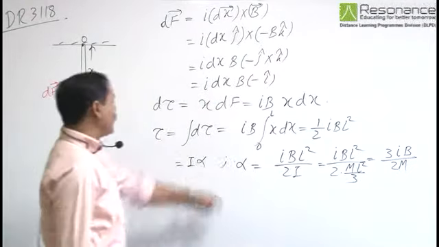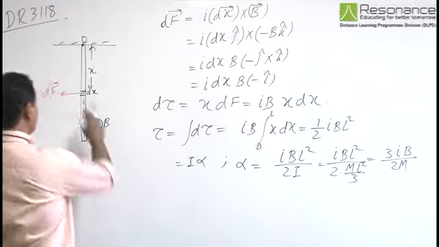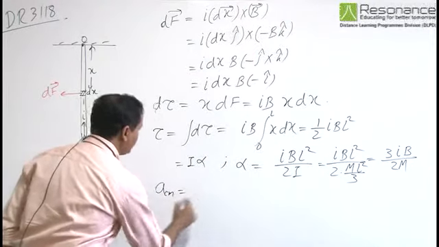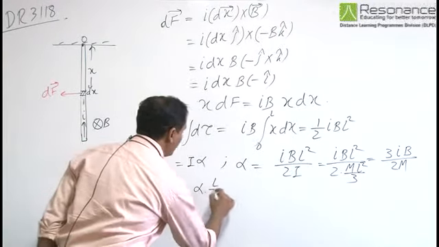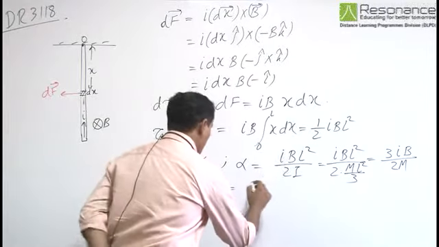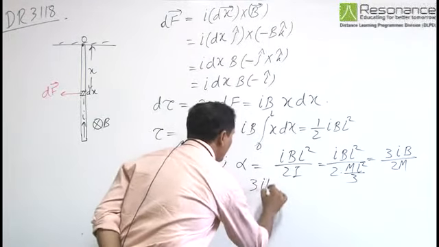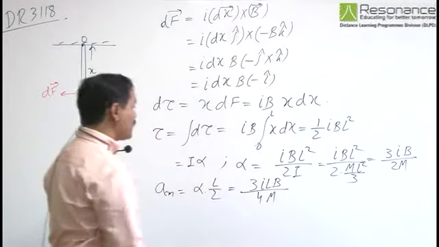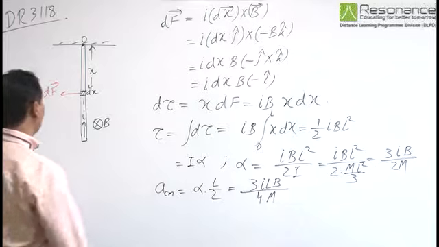This is the angular acceleration. So the acceleration of the center of mass, A CM, is equal to alpha into L by 2. So this is equal to 3 I L B by 4M. This is the acceleration of the center of mass.